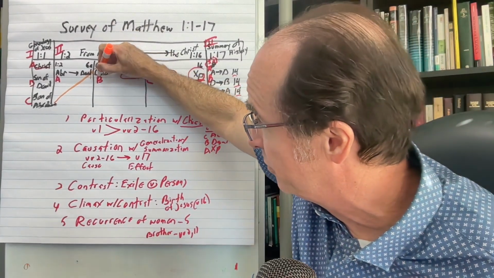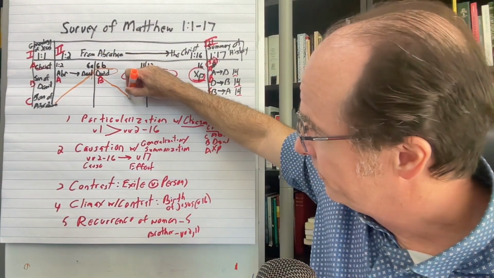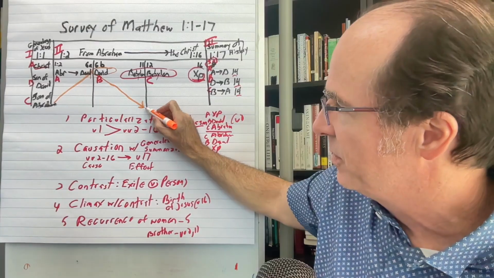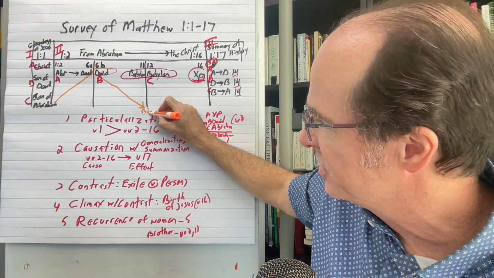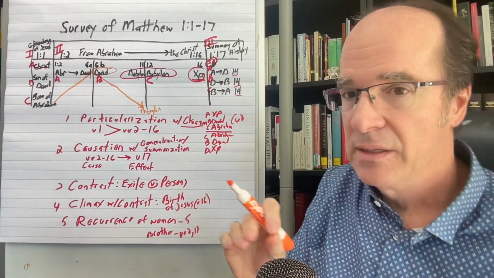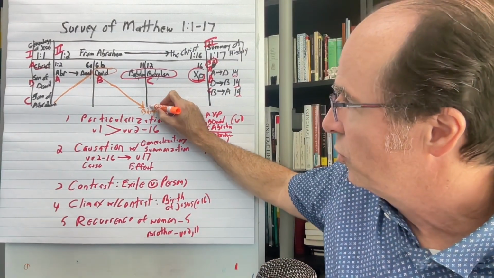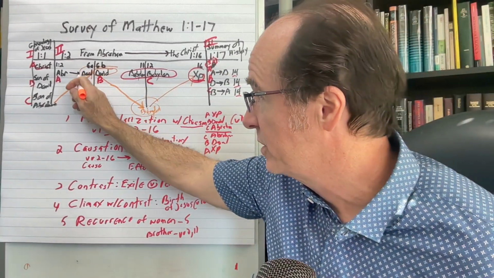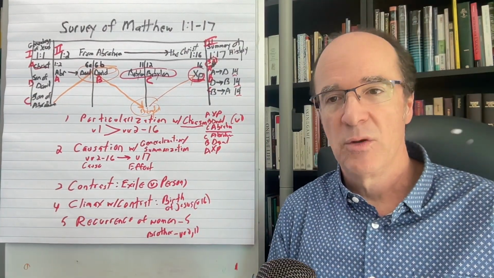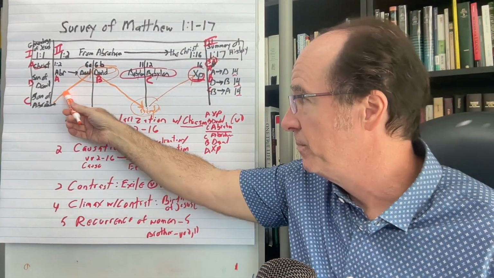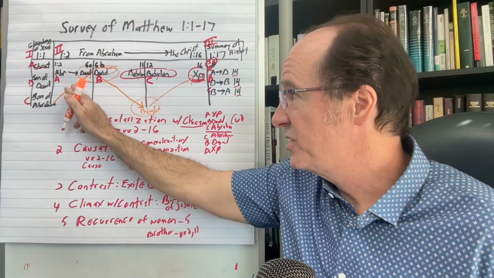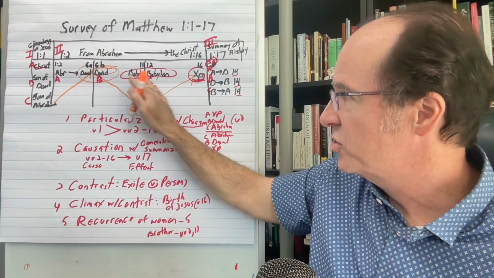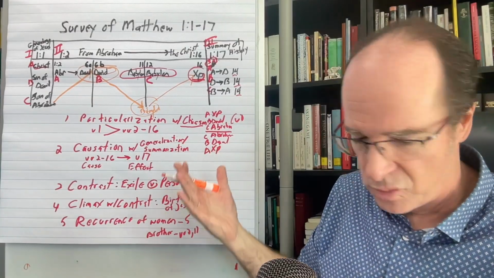And so you have a turn from David's reign. So we have a cruciality here that then crashes down to the Babylonian exile, so that this is a low point. And then, maybe surprisingly, there's a turn back upwards that leads to Christ. And so this is a recurrence of cruciality that you want to take notice of, a contrast between the genealogy going up and the genealogy going down. You might ask, what kind of contrast do you mean?